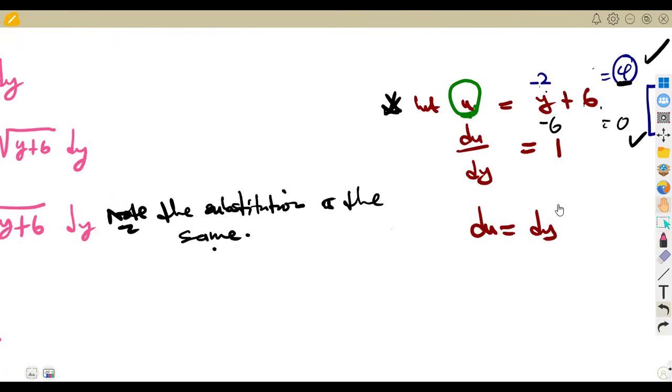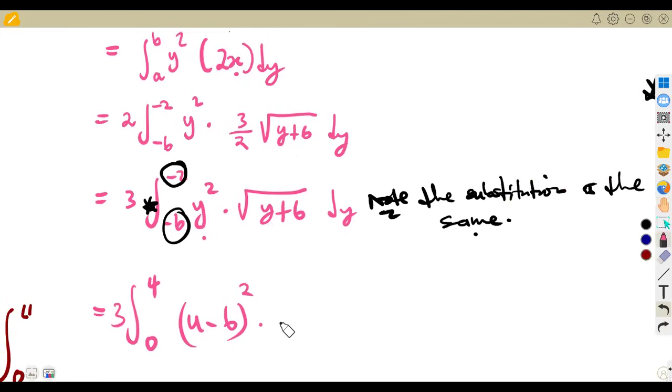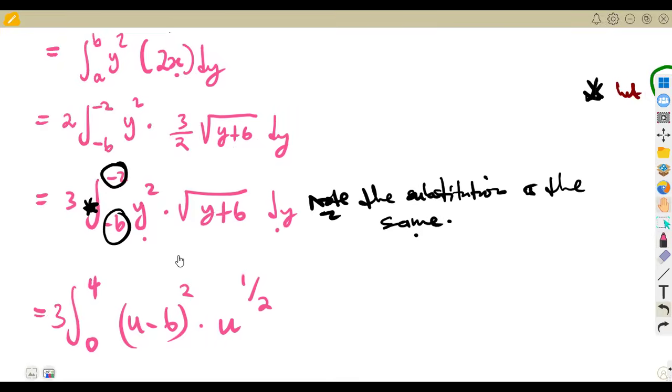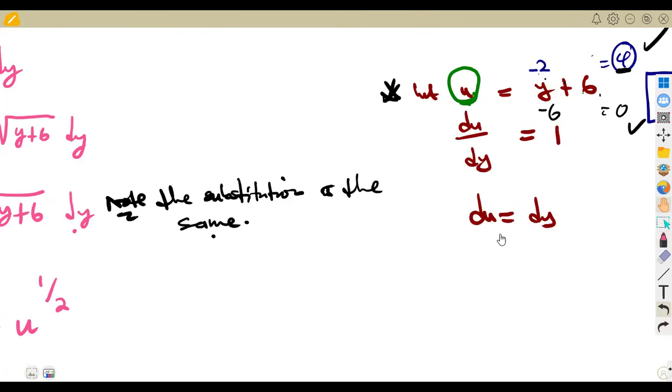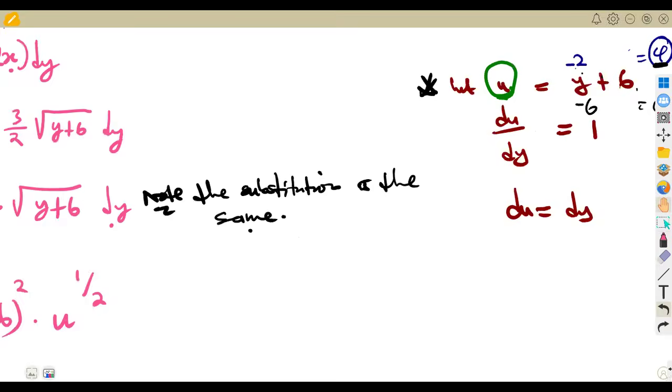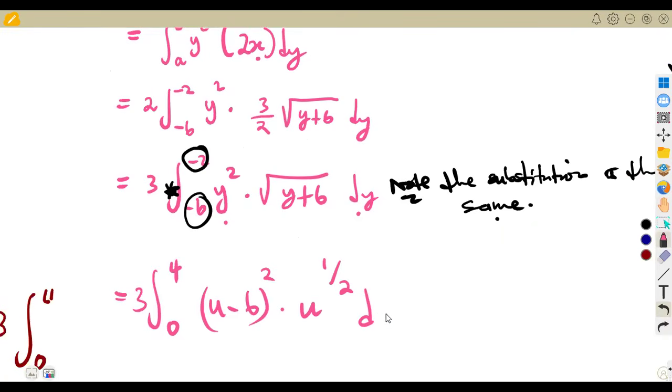So it's the square root of u. And I explained that the square root of u simply means u to the exponent of a half. And we saw that dy is equal to du. So meaning to say it's an integral that is directly for you now.